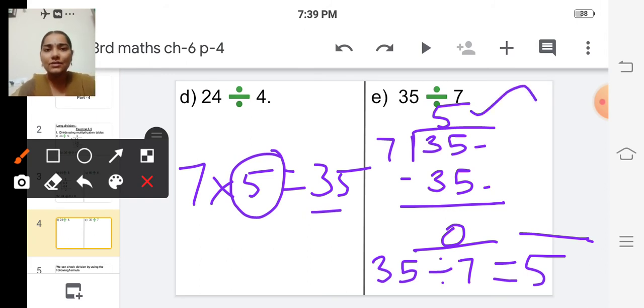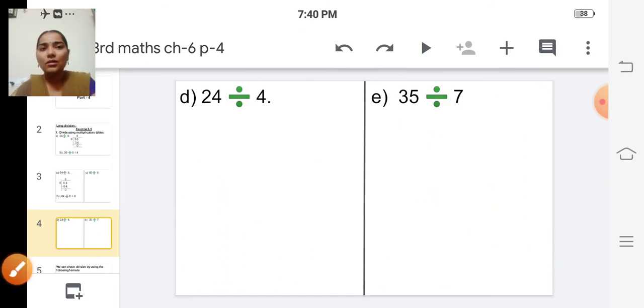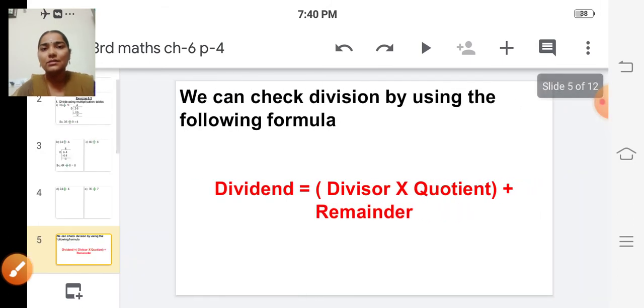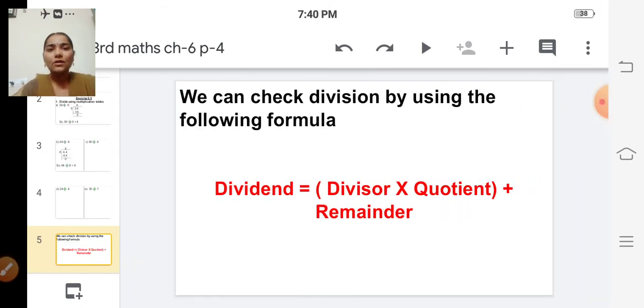Okay children, have you all understood? Is it clear? So we are dividing the numbers using multiplication tables. So you all be thorough with multiplication tables. There is one formula to check whether our division is correct or not. So what is the formula? Dividend is equal to divisor into quotient plus remainder.